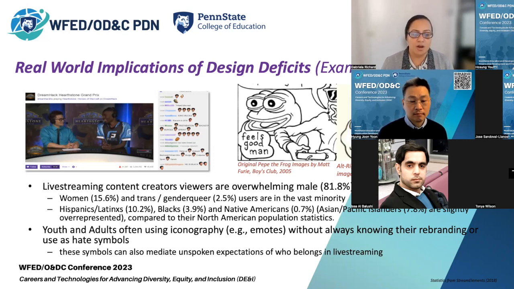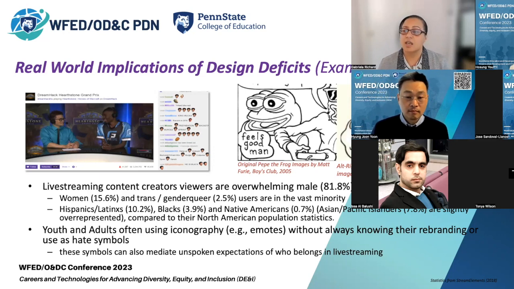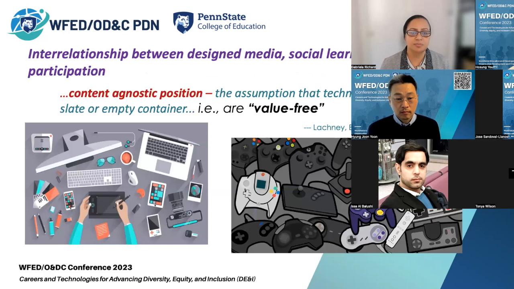So these are important things to be aware of: how emotes and different kinds of icons within an insular community like gaming have taken on a more prominent role and can have effects on how people perceive things. And that kind of comes from the design deficits discussed before.